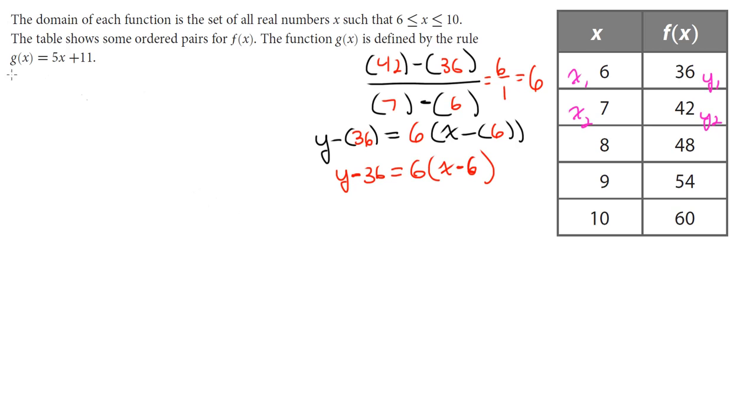And in order to put this into slope intercept, we need to now distribute. So 6 times x is 6x, and 6 times negative 6 is negative 36. Bring down the y minus 36. Then I need to add 36 to both sides to solve for y.